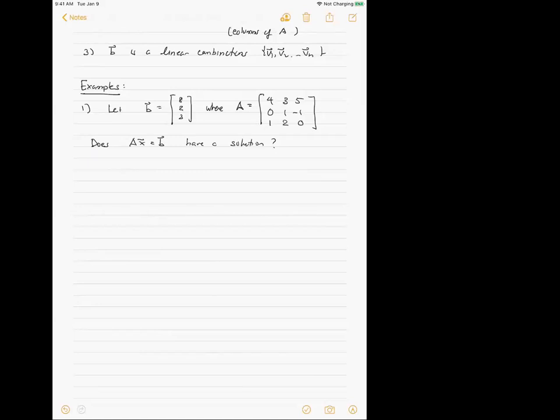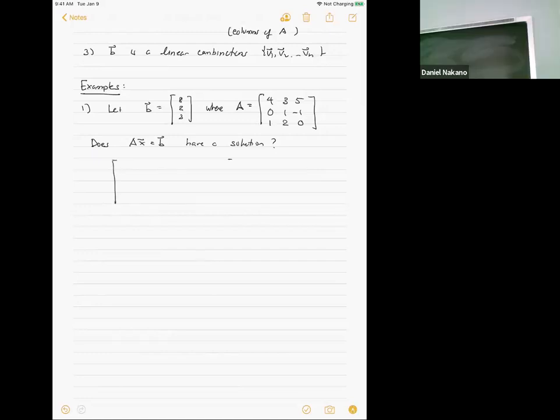Reduce it. Yeah, so we want to form our system of equations, right? So 4, 3, 5, 0, 1, minus 1, 1, 2, 0. So that's the A part. The b part's 8, 2, 3.